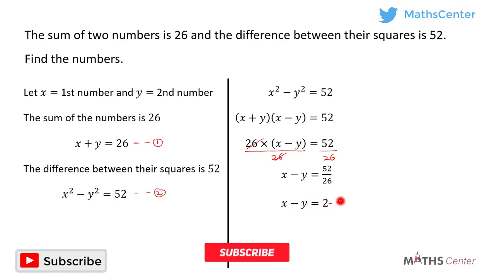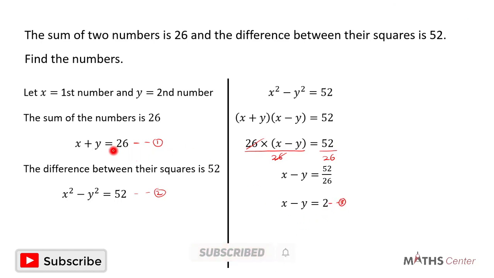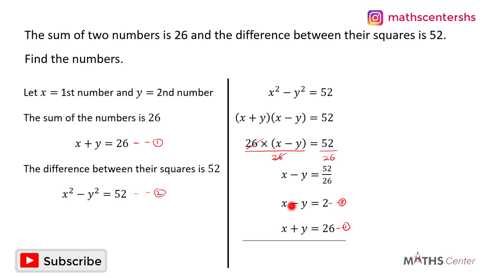Let's call this one equation 3. From equation 1, we know that x plus y is equal to 26. This is equation 1. We can solve equation 1 and equation 3 simultaneously for the values of x and y. I'll add them to eliminate y. When I add them, I'm going to have x plus x, which will give me 2x.